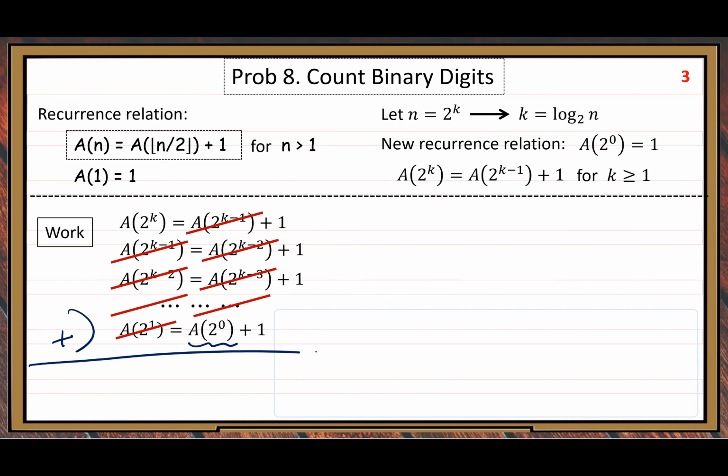What is A of 2 to the kth power? To do that, we need to count the number of equations. How many lines do we have? So here's the question, and here is a place to do the counting. I'd like to show you a simple counting technique.